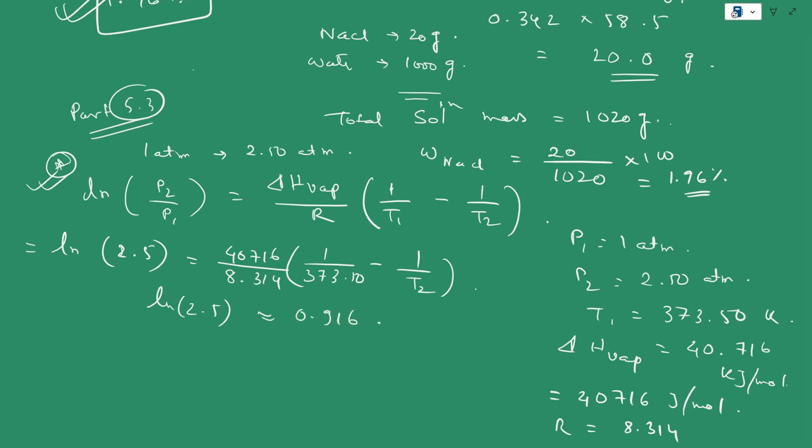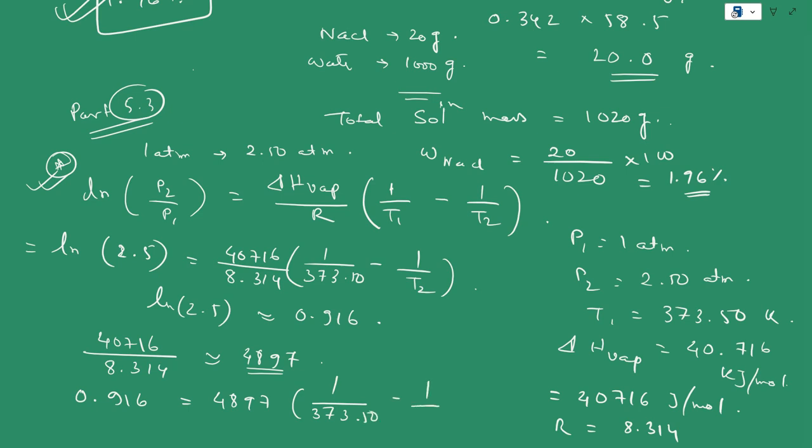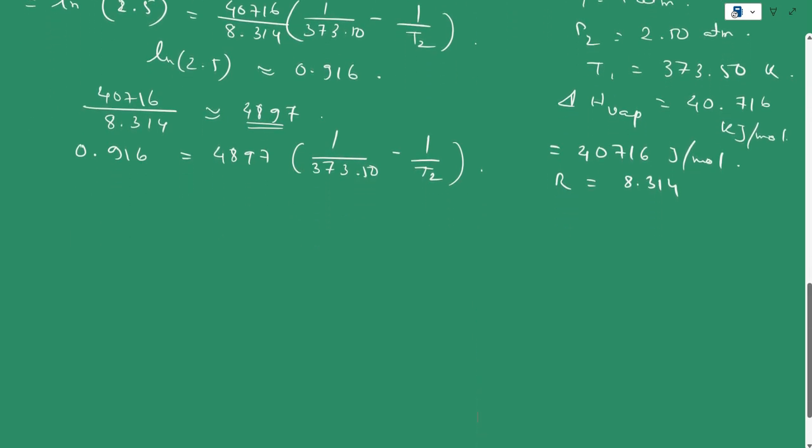Okay. And 40716 by 8.314, this is near about 4897. And thus 0.916 is equal to 4897 into 1 by 373.50 minus 1 by T2, right? Now divide 0.916 by 4897. What is the approximate value of this?